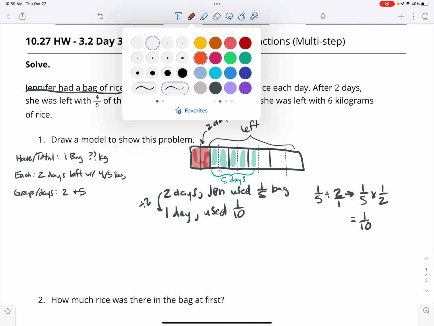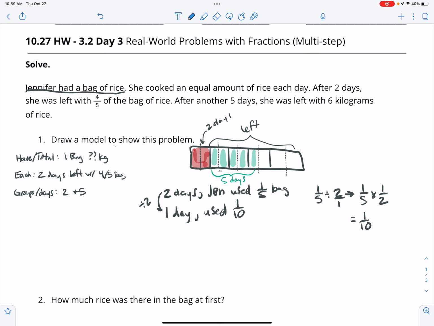And then we also know, I'm going to pick blue, we haven't used blue yet, that after those 5 days, she was left with 6 kilograms. So this was the amount remaining. So here, this is 6 kilograms remaining.